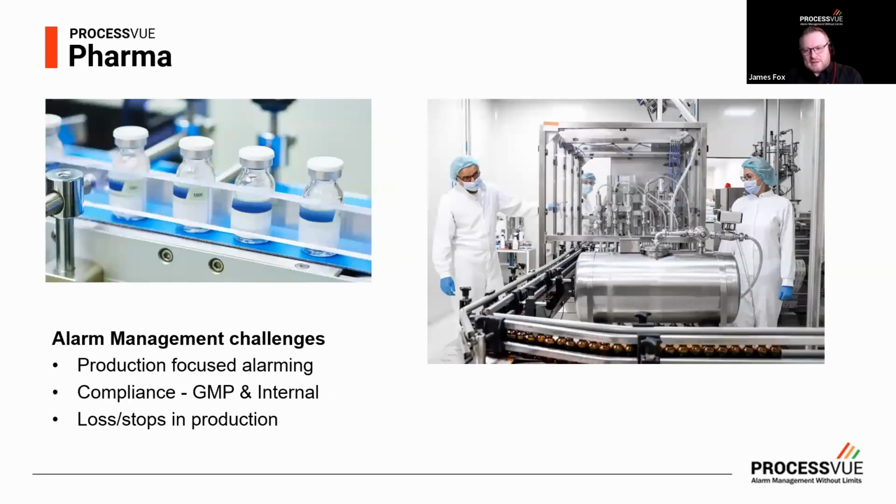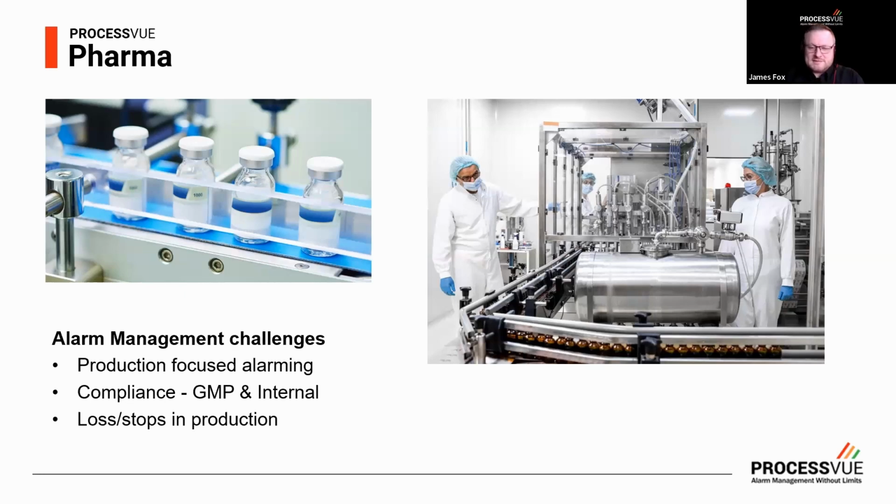So the next industry I'd like to talk about is pharmaceutical. So pharmaceutical, we find that they're quite mature when it comes to their alarm management. They have a good understanding that when you add an alarm to your systems, there is work and tasks for the operator to perform with the addition of every alarm. So they tend to rationalize before they implement alarms to ensure that their operations aren't overloaded.